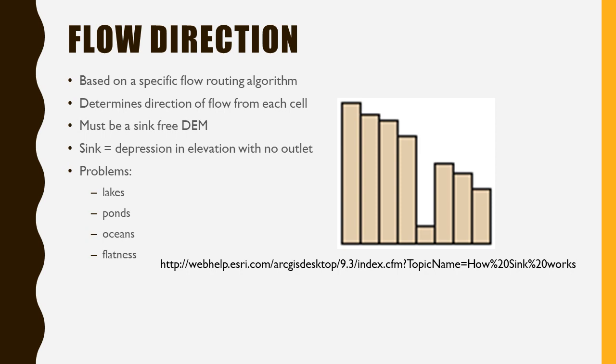It would go to the one below it, and then the one below it, and the one below it, and then the next one. The problem is that one wouldn't go anywhere because it is a sink. And so before we could do any real hydrology, we have to make sure that this DEM is free of sinks. And so we would do that. Now the problem is there are actual sinks, things like lakes and ponds and oceans. There's also areas that are just relatively flat, and that can create problems as well.